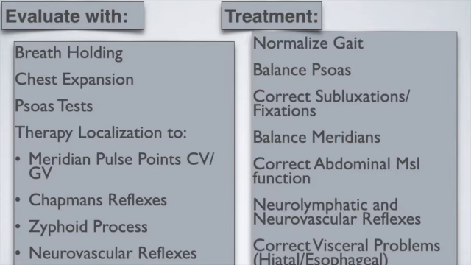And then, of course, visceral problems, which I think are probably one of the more common things I find that are interfering with diaphragmatic function: hiatal hernia and various other kinds of stress around the esophageal hiatus, and a lot of times constipation or liver congestion.